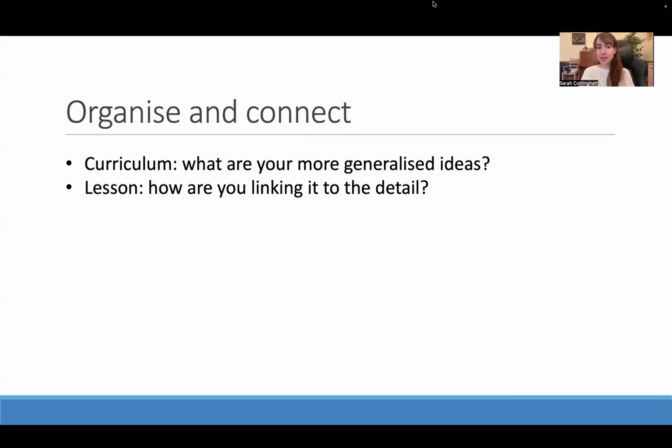Then we can think on a lesson level. We've got our more generalised ideas. How are we looping back to them and then linking them to the detail in our lessons? And then we've also talked about assessment for learning, those questions, where we can vary them so that students are having to access the knowledge in different ways.